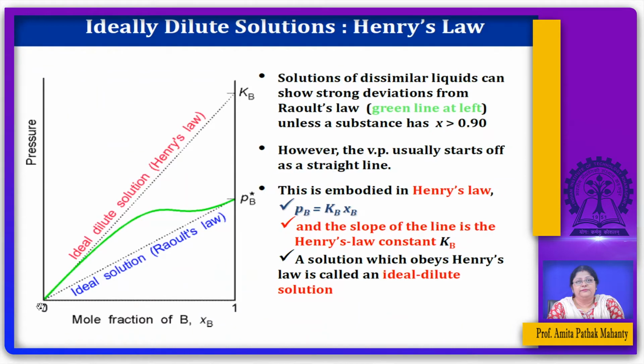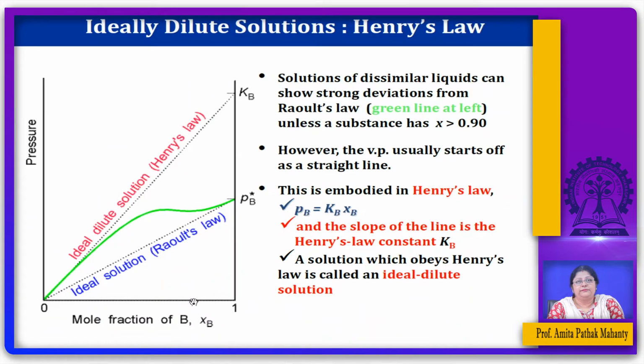So if I have Raoult's law, then I should have a straight line of vapor pressure of the system versus the mole fraction of that component. And if it is a straight line, we say Raoult's law is valid. But if you have a dissimilar kind of liquid, then it is no longer a straight line. It deviates. The green line indicates the deviation.